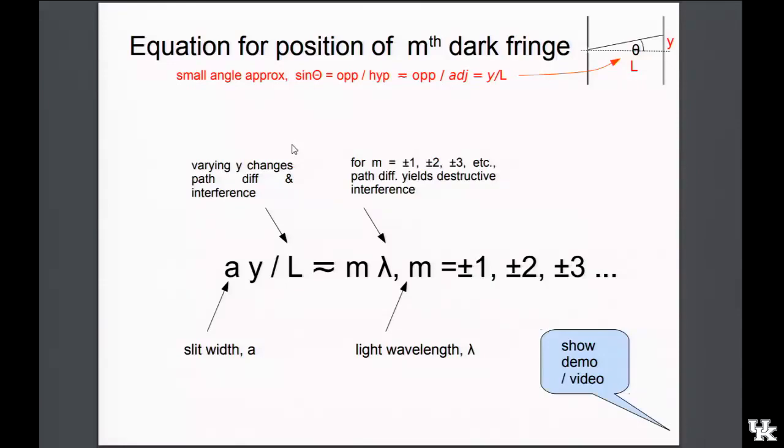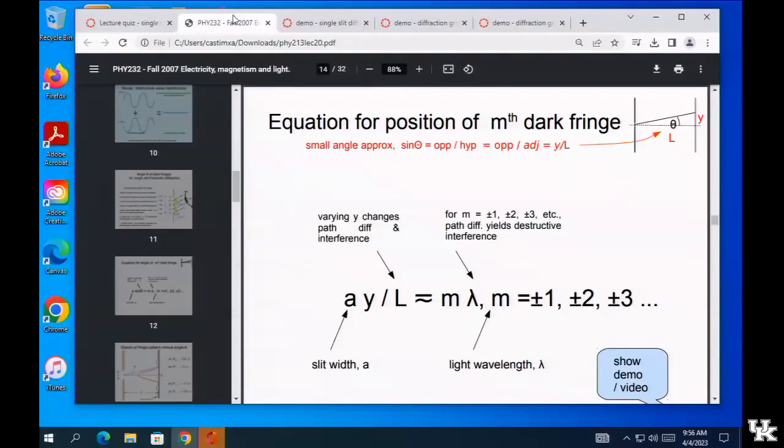I'll show you a video of this in which I'm actually going to vary the slit width. You're going to see that when I vary the slit width, the pattern changes. If I make the slit width smaller, the pattern will stretch out according to our formulas, and if I make the slit width wider, the pattern will compress.